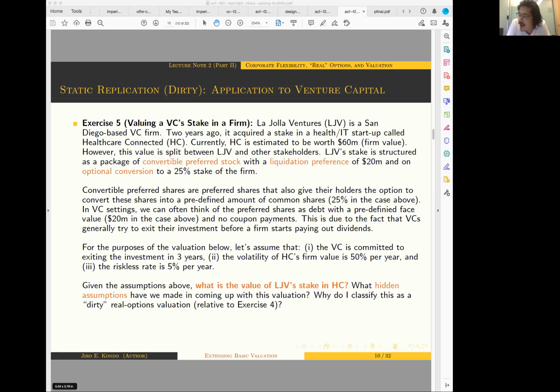But that was what made the oil example clean from a financial modeling perspective, is that the underlying asset was actually traded. And all those call options and CNBCs on oil are also traded. That's clean. Here, everything that's going to be in our replicating portfolio is not traded.